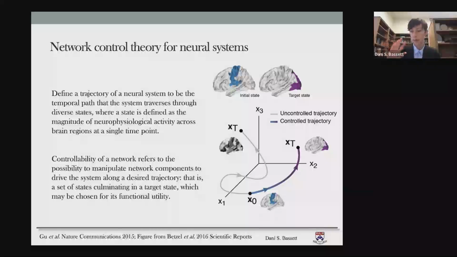Then once that is set up, the controllability of the network refers to the possibility to manipulate network components to drive the system along a desired trajectory, that is, a set of states that culminate in a target state, which is often chosen for its functional utility, either in terms of task performance or in terms of healthy dynamics.